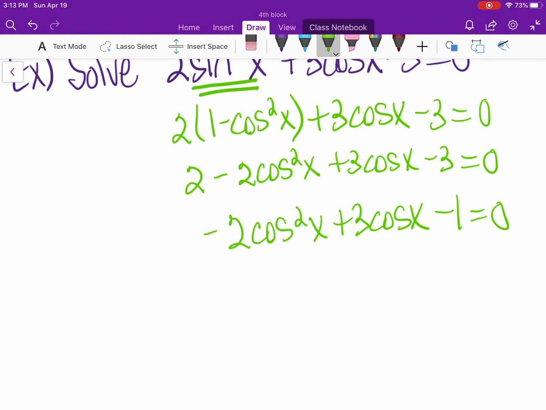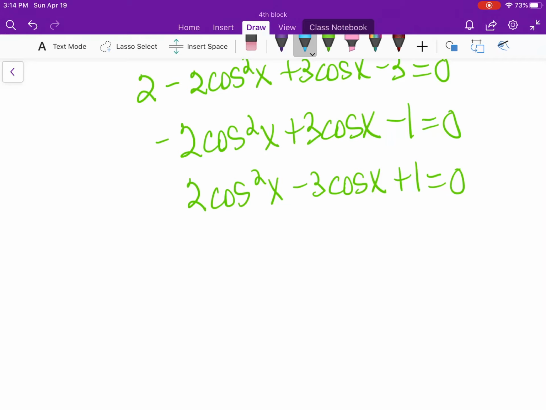Okay, why don't you pause this and see if you can finish from here, because at this point it looks just like that last example. Okay, and then we'll compare answers.